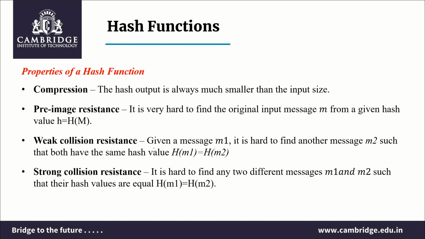Okay, now let's look at the properties of a hash function. The first property is compression. Compression means that whatever the size of the input message, the output is always smaller than the input size. Say the message is hi, hello, how are you.